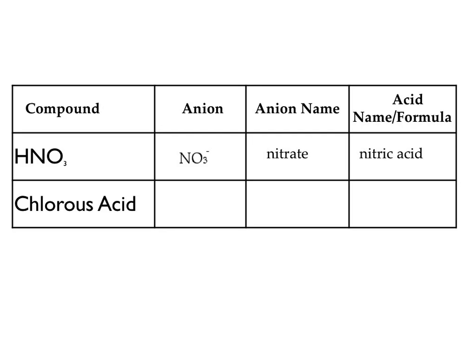So we're looking for chlorite, ClO2 with a -1 charge. So what would the formula be? It's got a -1 charge, and hydrogen's got a +1 charge. So what's the formula? HClO2.